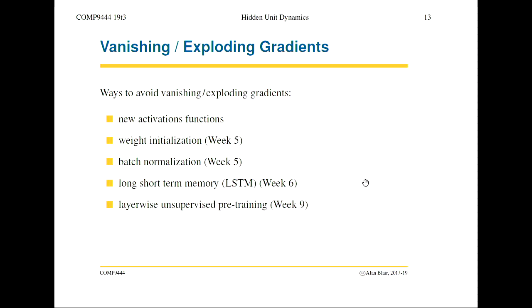So it appears in a slightly different guise, but it's the same kind of problem, and there are specific ways to handle that. And finally, we've got layer-wise unsupervised pre-training. So there's a number of different approaches to this. We're just going to talk about the top one today.